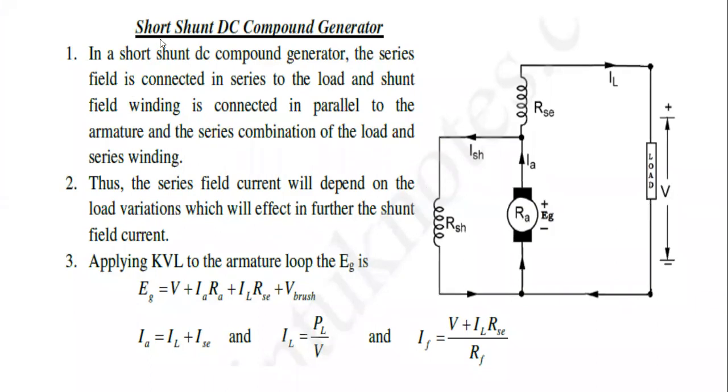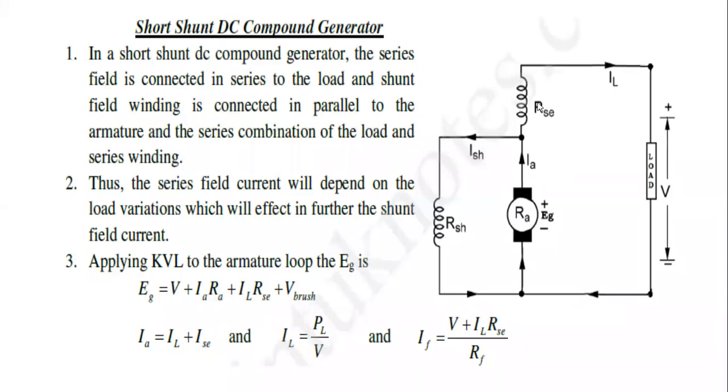In the name short shunt, short means the shunt winding is connected in short. That means the shunt field winding is connected only parallel to the armature, and the series field winding is connected in series to the armature.